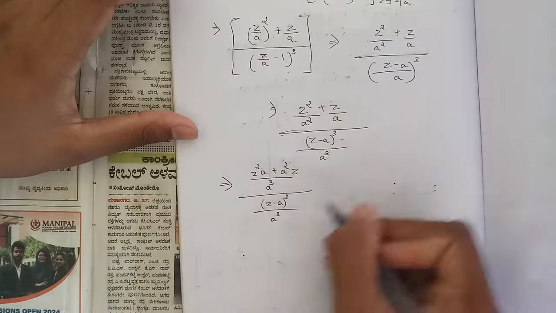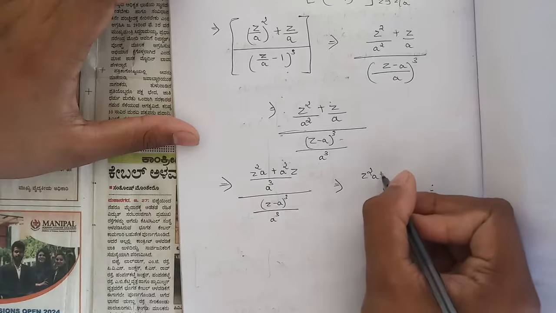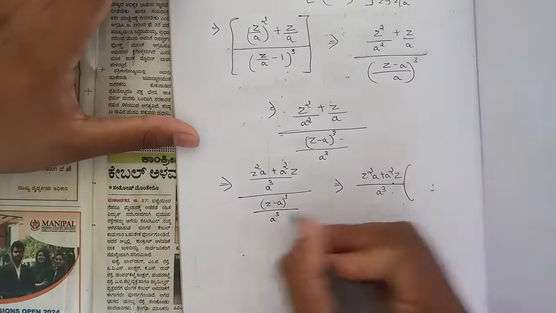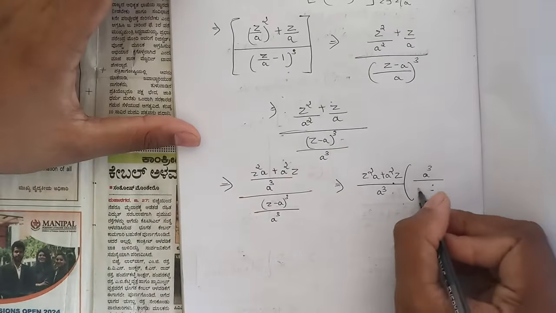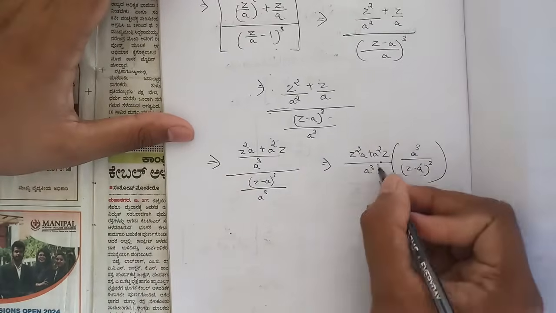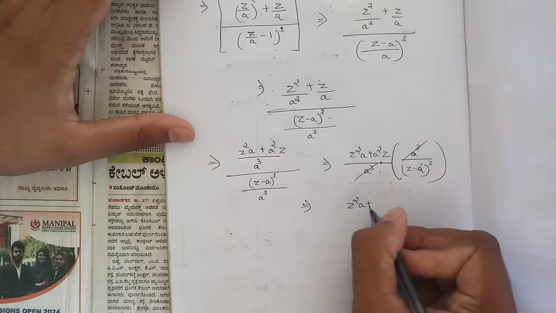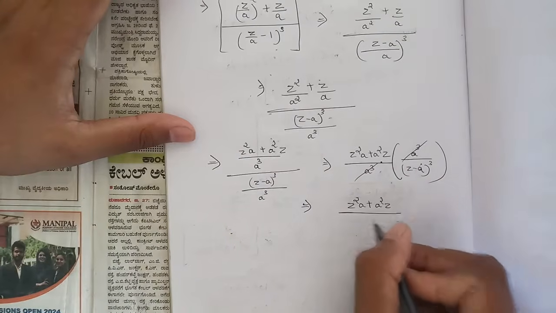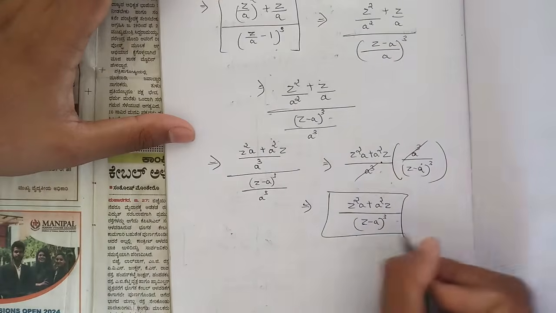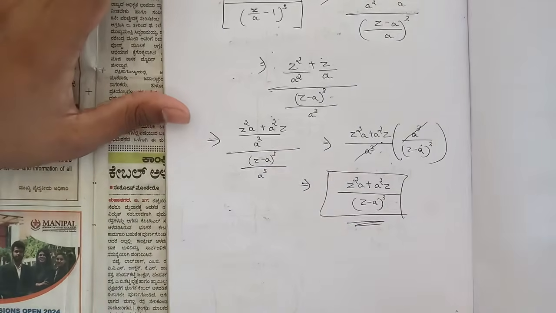Now let's bring this denominator to the numerator by taking the reciprocal, into a cube divided by (z minus a) whole cube. Now we can cancel this a cube. So the required answer that we get is z square a plus a square z divided by (z minus a) the whole cube.